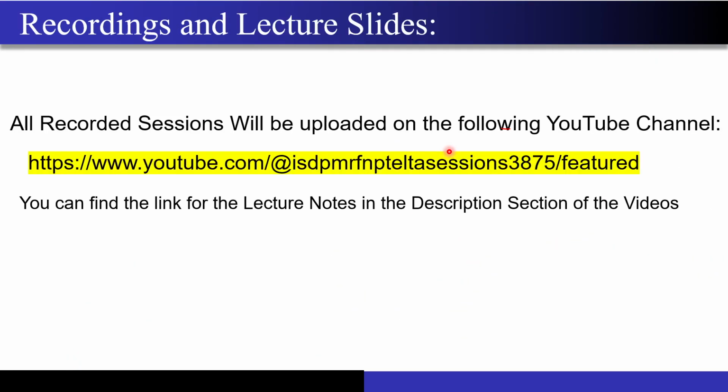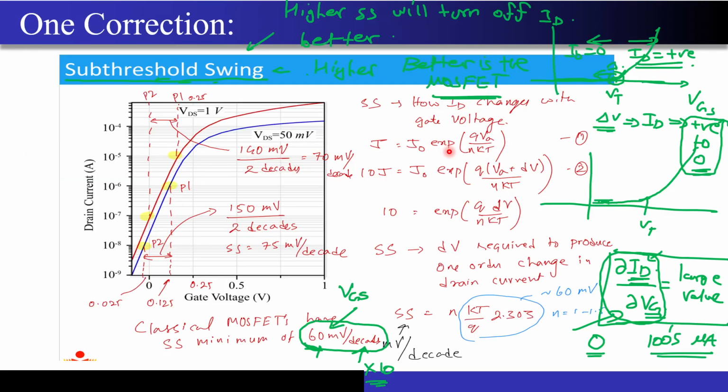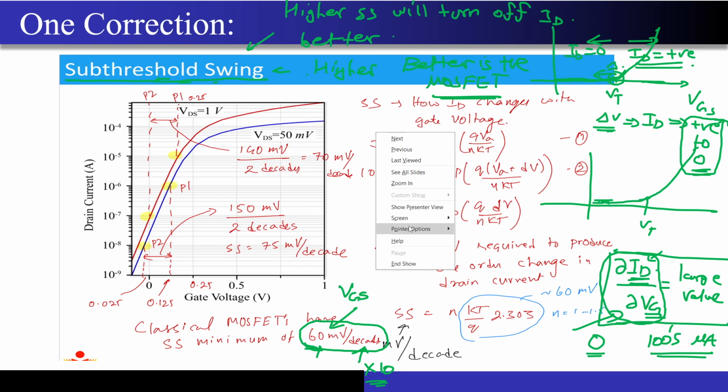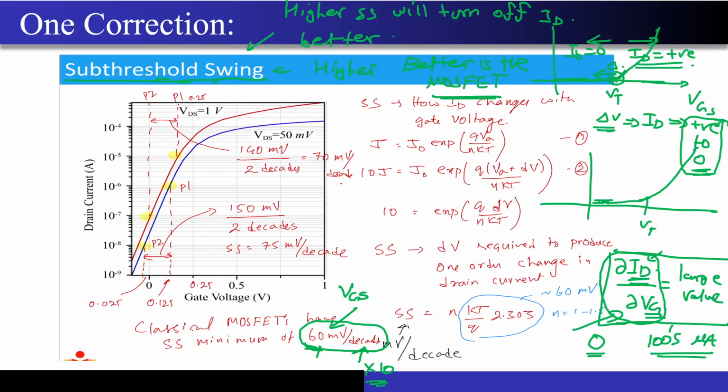Before beginning the session, let me make one quick correction from the last lecture. In the last lecture, I told you something regarding the subthreshold swing, and I said that the subthreshold swing should be as high as possible. I take that statement back, because the units of the formula I gave were actually not millivolts per decade.